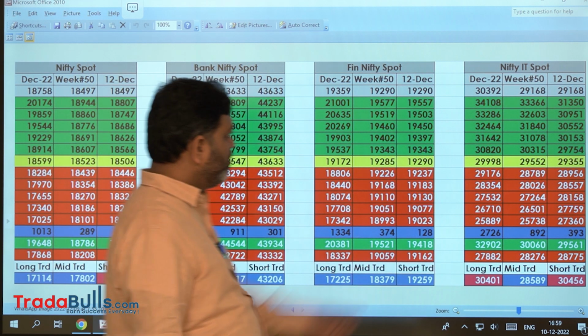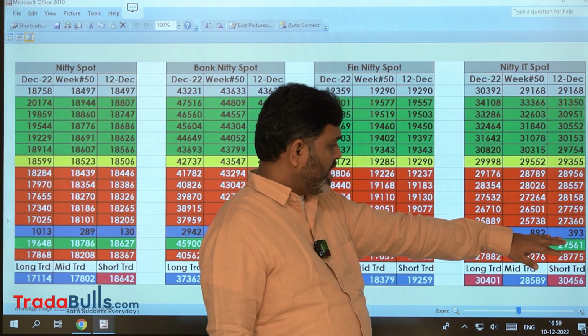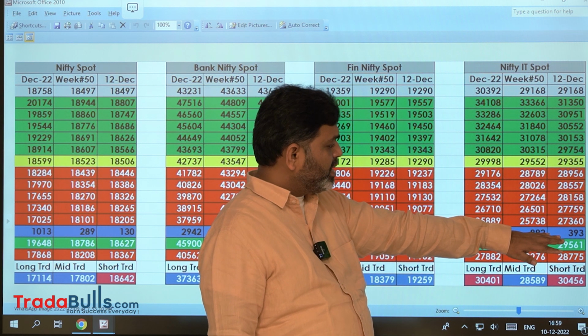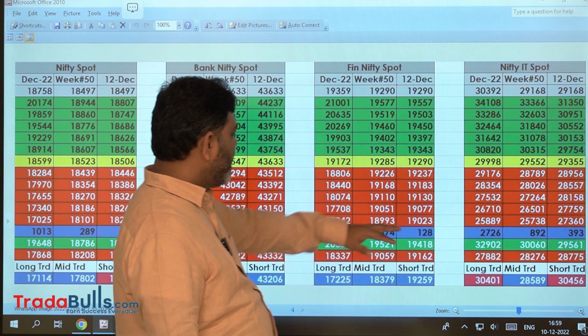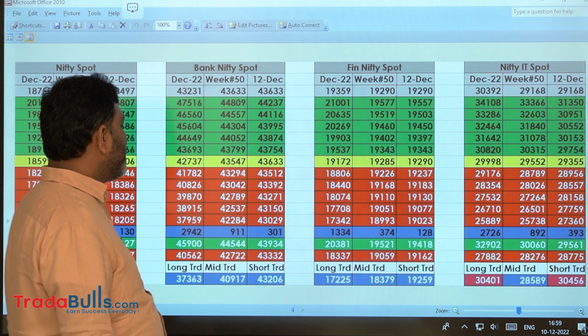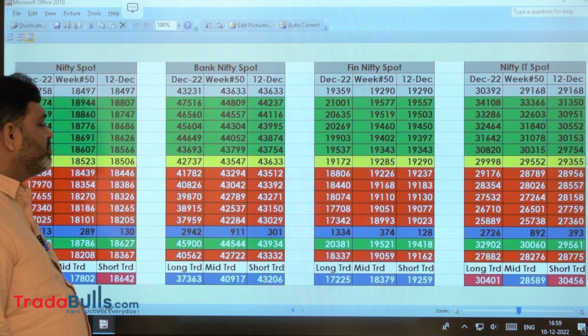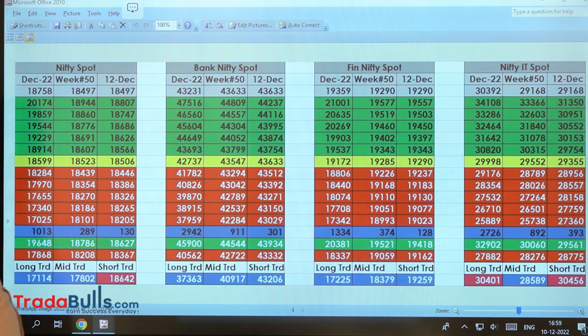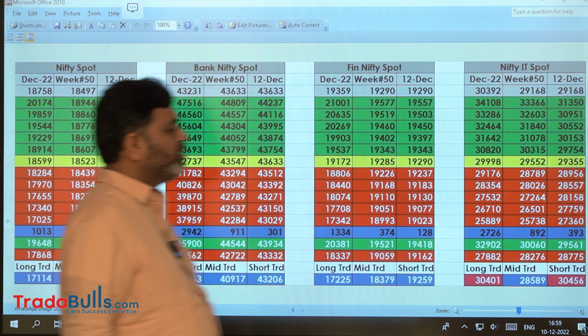For the middle ones, we anticipate around 900 points range in IT, 374 points in Fin Nifty, about 900 points in Bank Nifty, and about 290 points in Nifty.